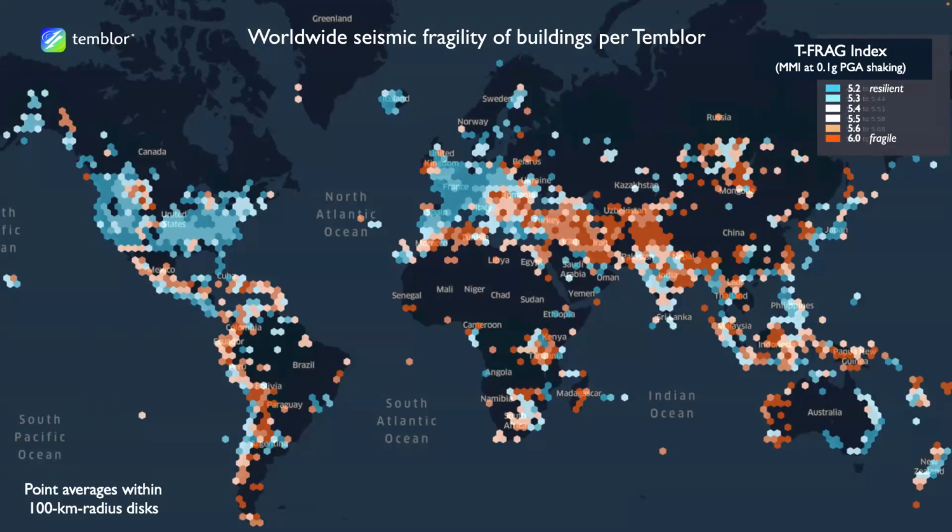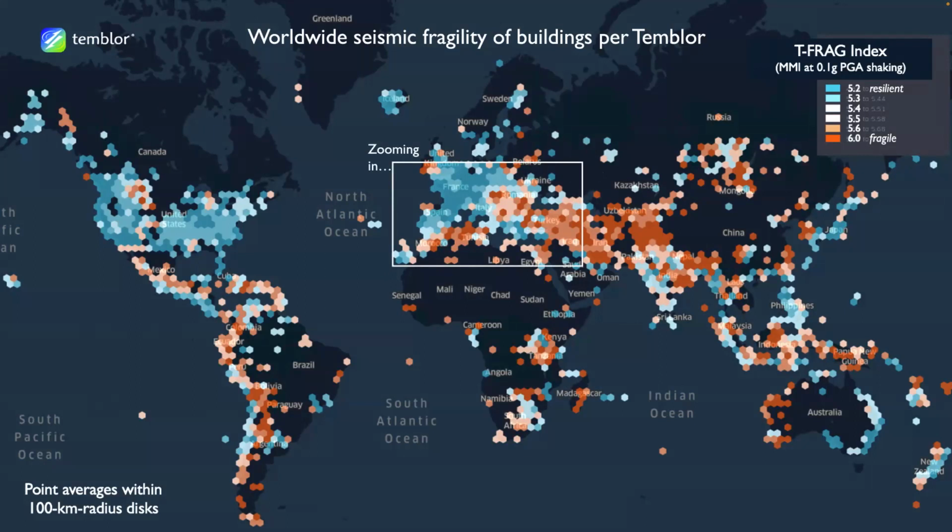And in this global map, blue is good and red is bad. And not surprisingly, the United States and Canada, Costa Rica and Chile look good. Northern Europe looks good. Japan looks good. But there's a lot of red on the map. And Turkey is below average.